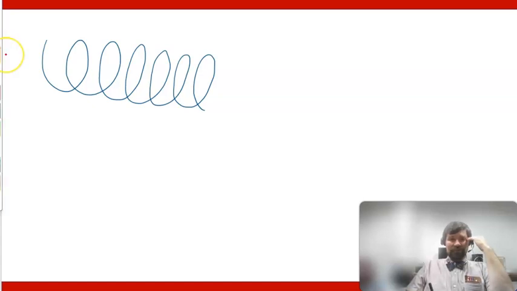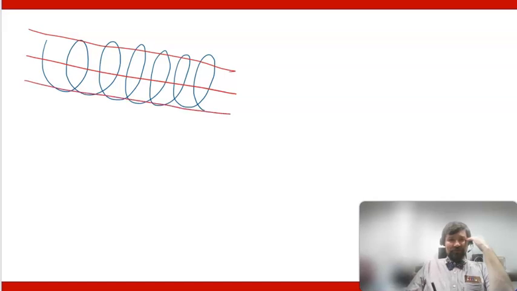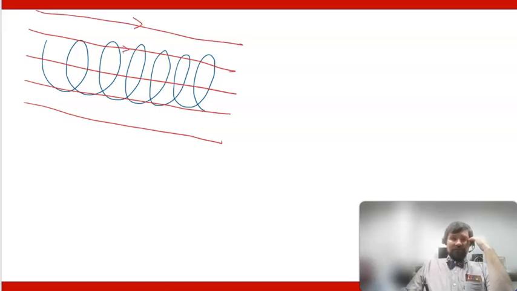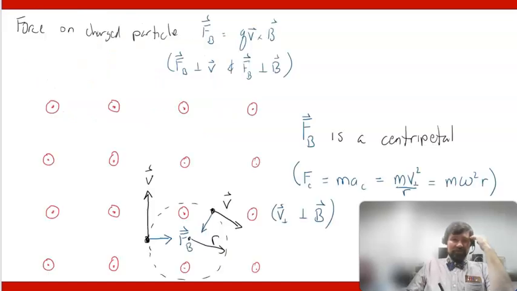So if I draw the magnetic field lines again, basically it's moving about these magnetic field lines like so.